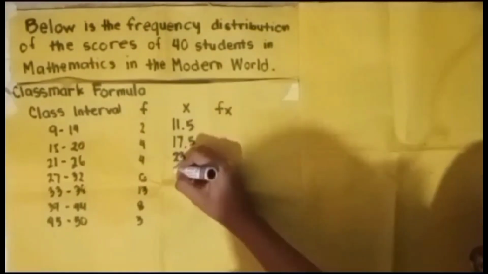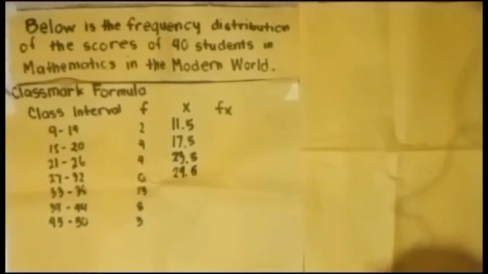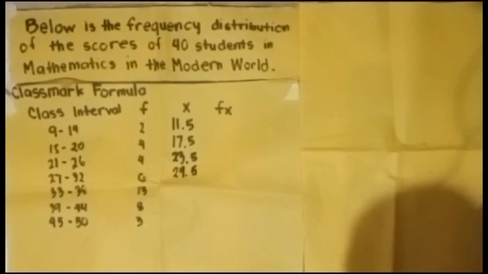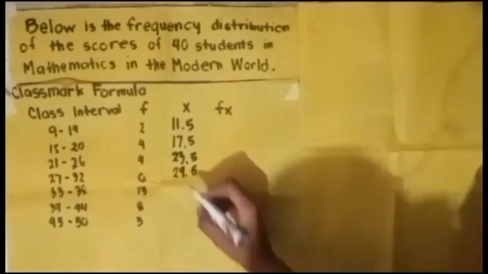Next is 27 plus 32, divided by 2, to get the answer of 29.5. And now, we need to add 33 plus 38, divided by 2, to get the answer of 35.5.